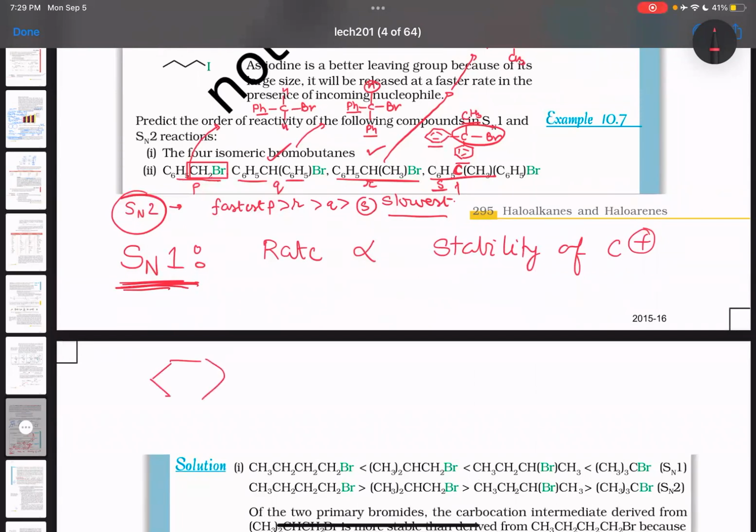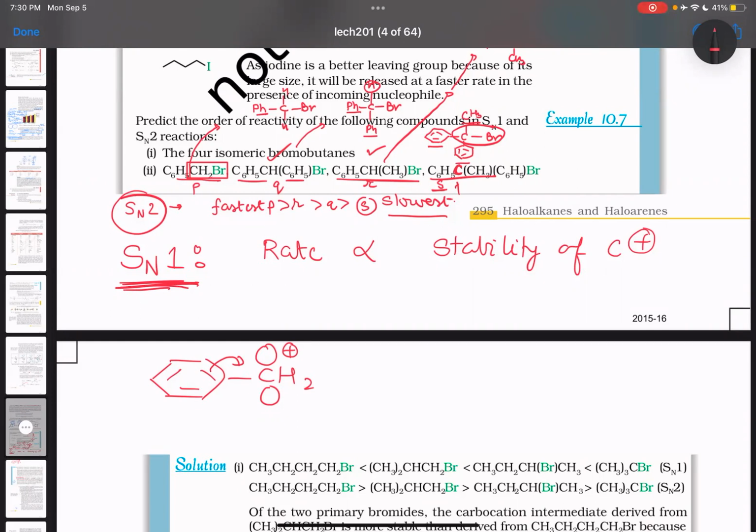If you have a benzene ring, the benzene helps the carbocation because benzene has a lot of electrons in it. It gives its loose electrons because there are double bonds. It gives its electron to the carbocation.